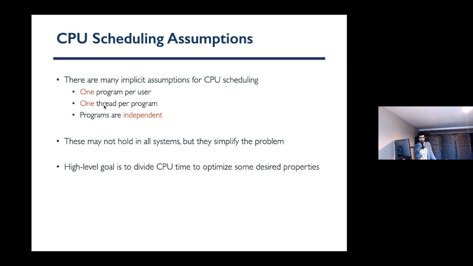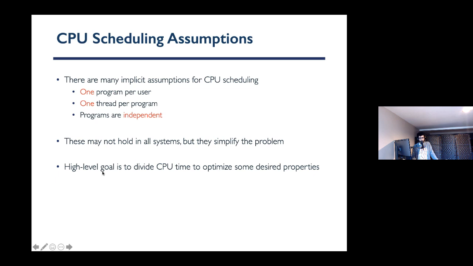Later on, we'll relax some of these assumptions. We're going to assume that programs have no dependencies, meaning that there is no lock or something where one is waiting for another, or if one is scheduled, the other cannot be scheduled. So we're assuming that these are all independent threads that could be scheduled independently.